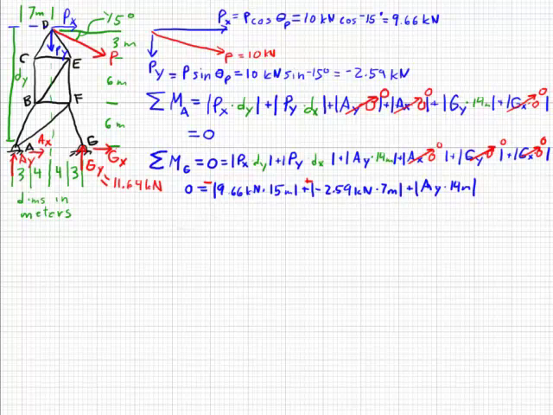Ay, we don't know its direction, we drew it in as positive, so we assume the force is positive, which makes it go in this direction about point G, a clockwise motion, a negative moment.